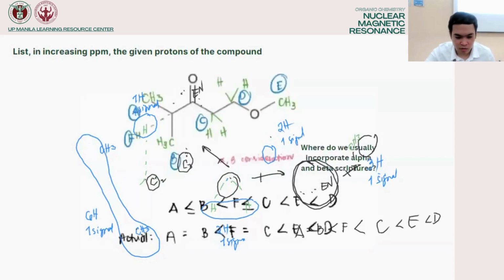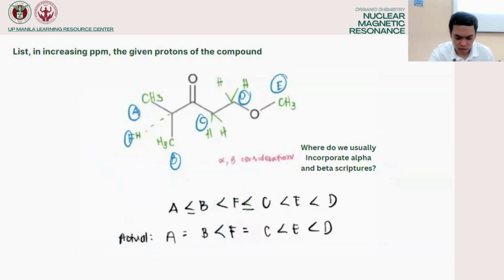Ayan. So, ayan yung aking solution. Wait lang, clear natin. So medyo tama naman. Pero yung actual, A is equal to B kasi same group naman sila, and then mas malaki si F doon ng onte. So bakit why does this make sense? Kasi nasa same quadrant sila. 'Di ba? F is equal to C pala.